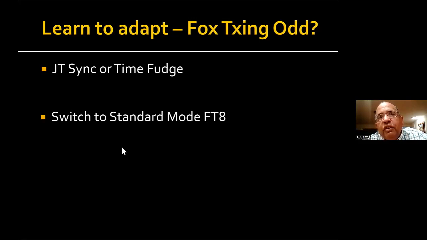If you get called by the Fox, who is in Fox Hound mode, and you are in standard mode, with Hold TX unchecked, as soon as the Fox calls you, you can double click on where the Fox is calling you and move your transmit frequency on top of the stream that is calling you. That is a pro tip where you mimic Fox Hound behavior while you still stay in standard mode FT8.